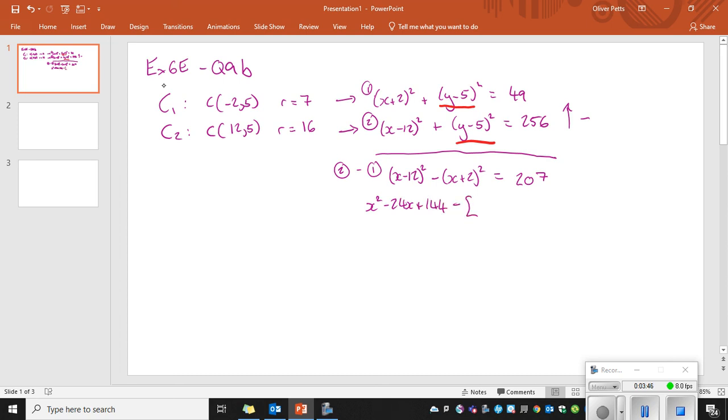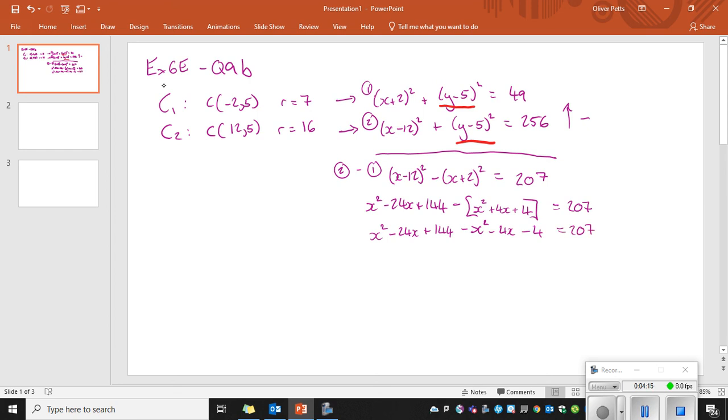Subtract, and I've got to be a bit careful here because I'm subtracting all of the second set of brackets, so I'm going to work out what the expansion looks like and subtract all of that: x squared plus 4x plus 4, all equal to 207. And then removing the square brackets, I'm going to be subtracting the x squared, subtracting the 4x, and subtracting the 4.